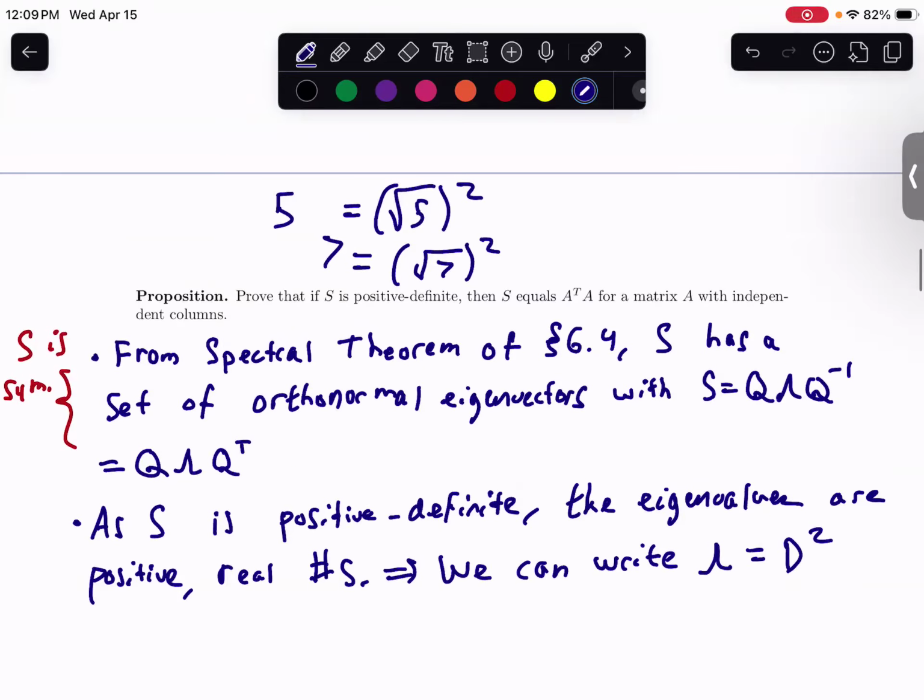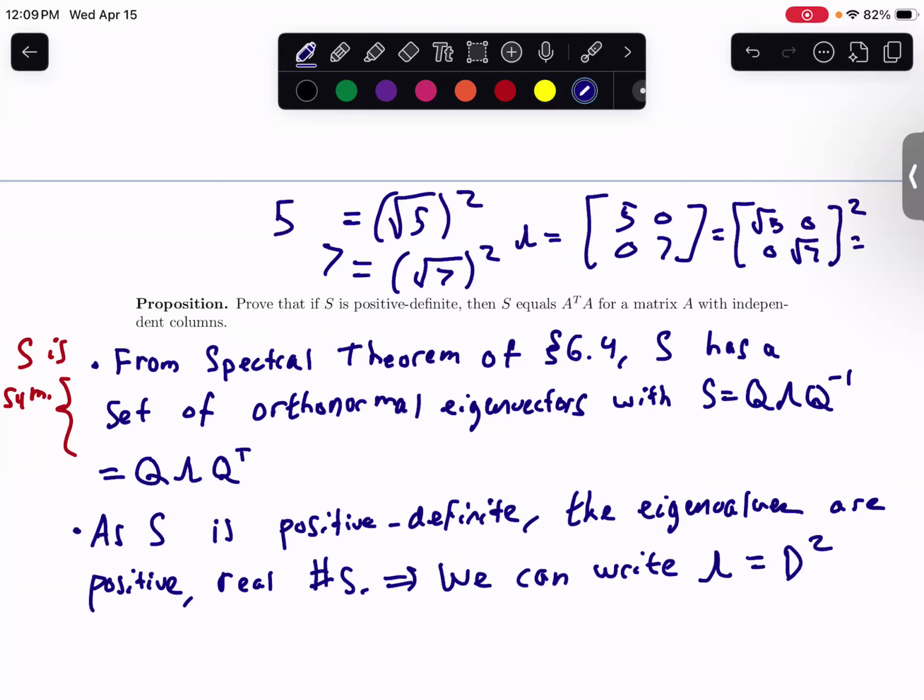So if I had the matrix like 5, 0, 0, 7, and this is my lambda, this is the same thing as the square root of 5, 0, 0, the square root of 7, squared. And so this would be equal to D squared, right? So I'm saying D is just the matrix of the square roots of your eigenvalues, in other words.